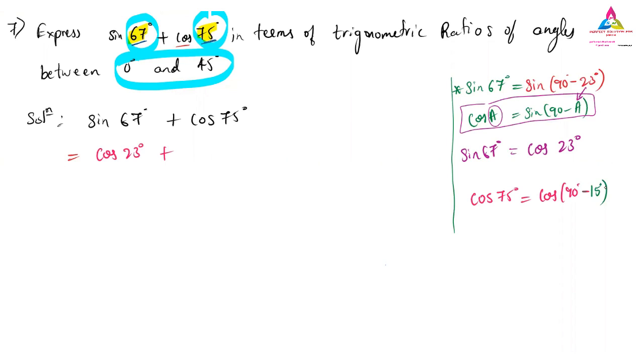So now this is in the form of cos 90 minus A, and cos 90 minus A is nothing but sine. So the sine value will be 15, because the A value is 15. So cos 75 degree is nothing but sine 15 degree. Instead of cos 75 I will write sine 15 degree.